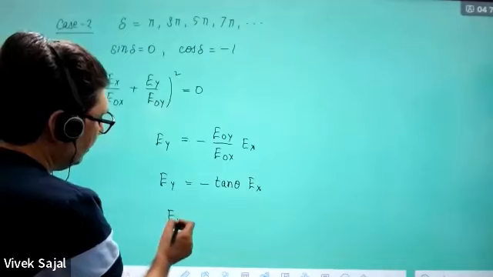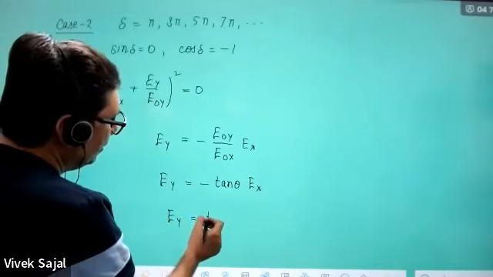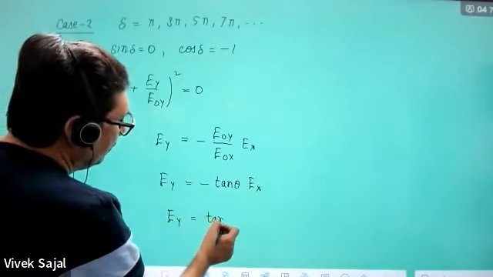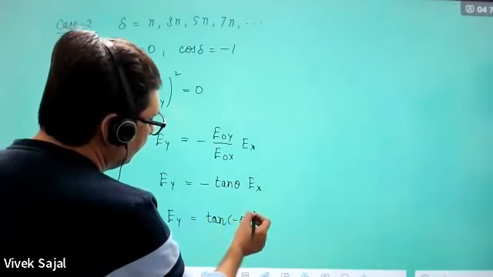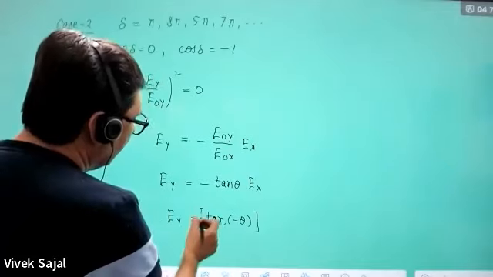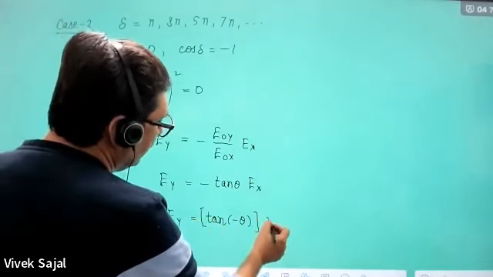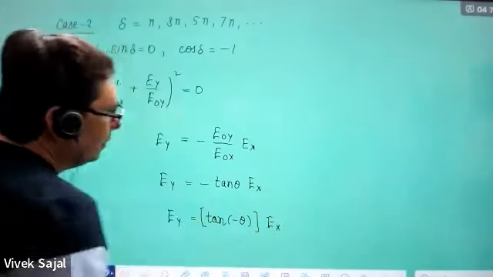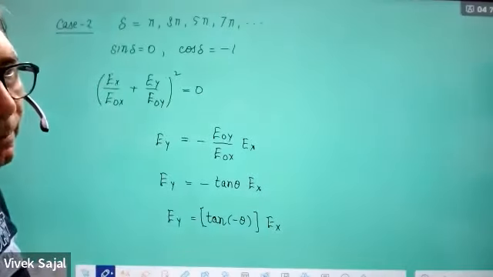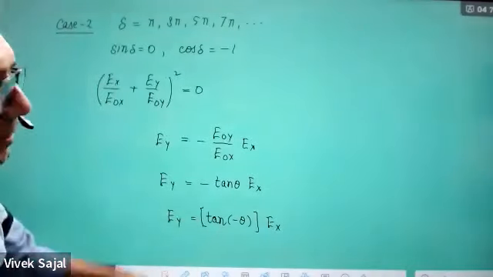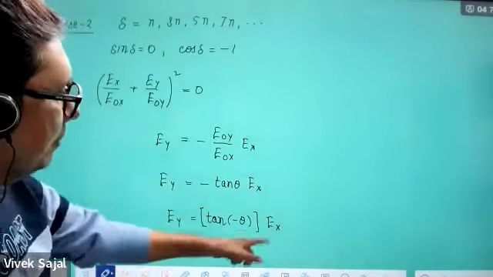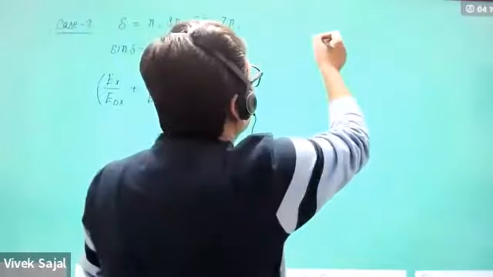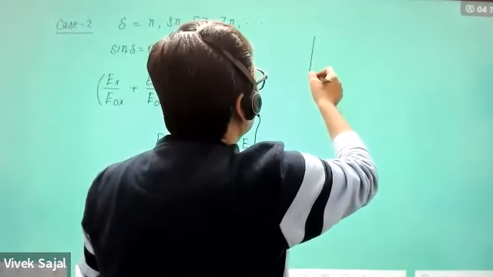So what will Ey be? Ey will be tan of minus theta times Ex. Slope is negative here. So what will the emergent light be if you plot Ey and Ex? Then emergent light will be like this.